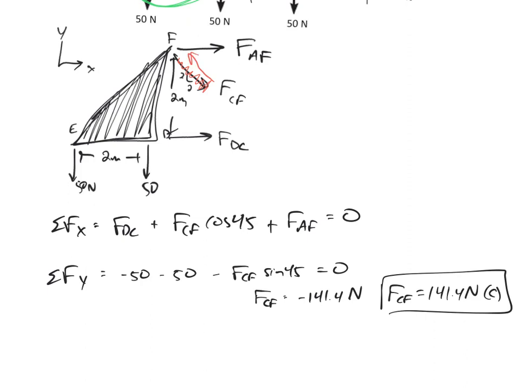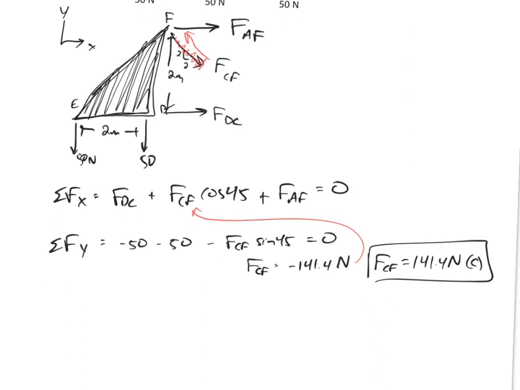Now, if I go backwards to an equation that I've already written, I'm going to need to plug in the negative number, the negative 141.4. But moving forward, I would just plug in any positive numbers because I know its direction now.